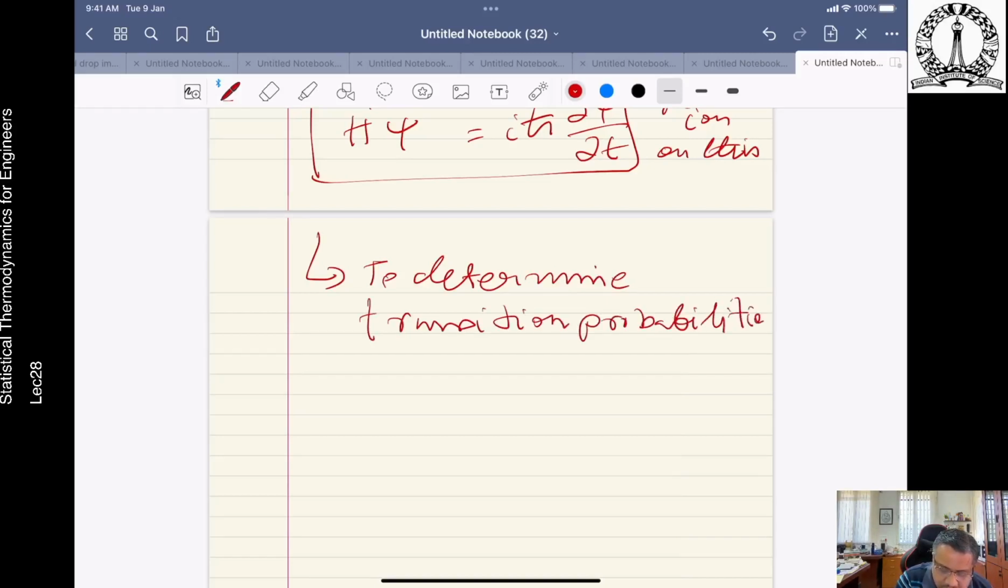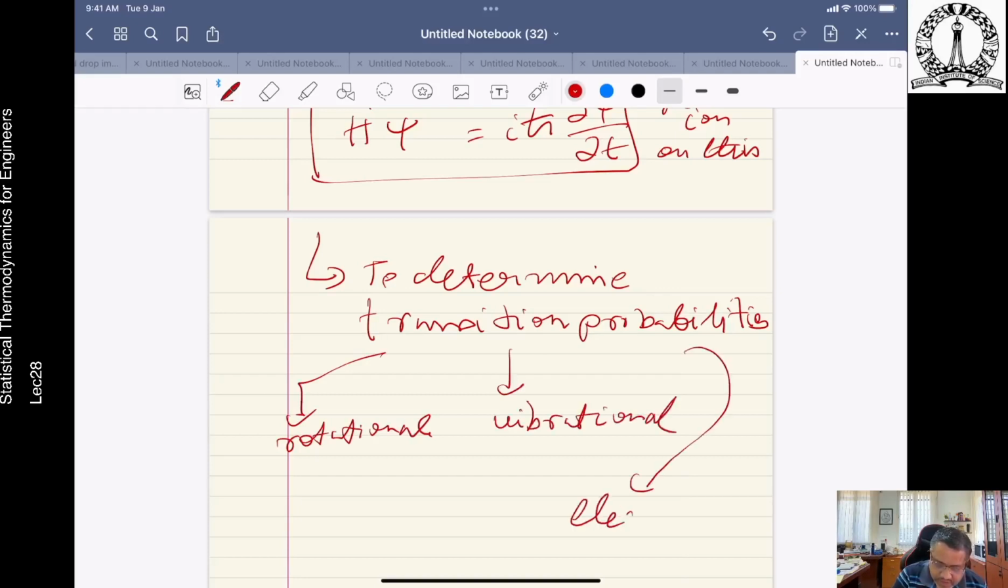That is what we are going to do in the next lecture: define the transition probabilities associated with the rotational, vibrational, and electronic modes.